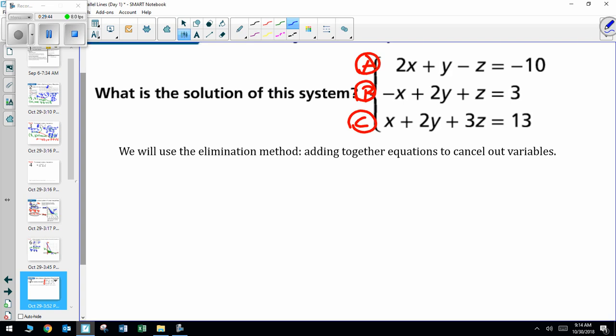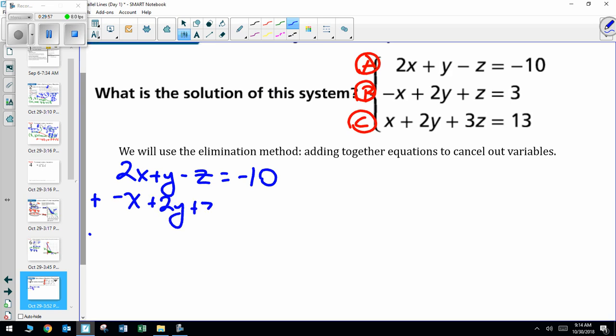So if I put them together, 2x plus y minus z equals -10 plus negative x plus 2y plus z equals 3. So then you would combine the 2 minus the x. Right, so 2x minus x is going to give me just 1x.